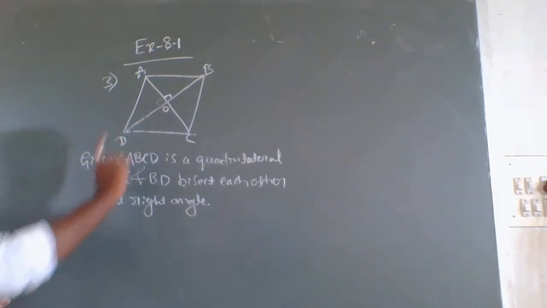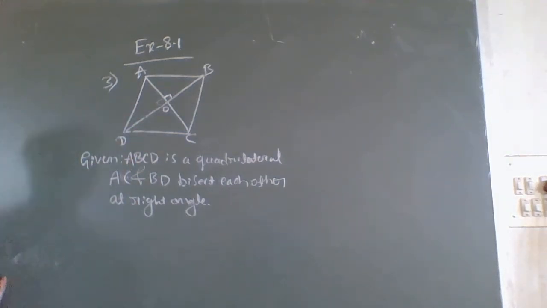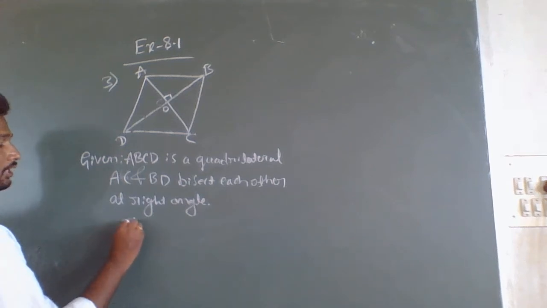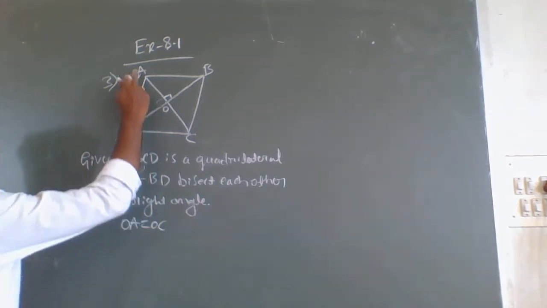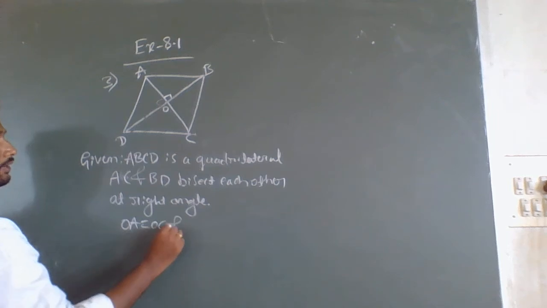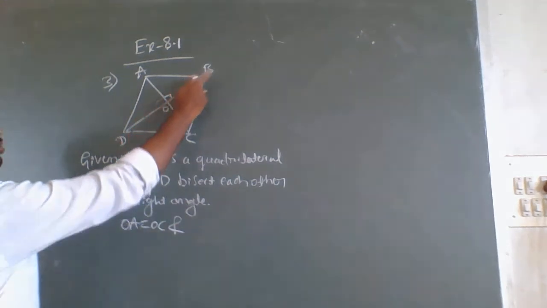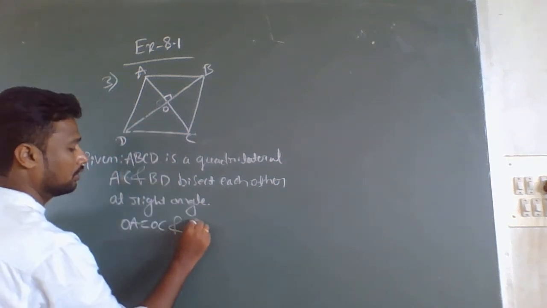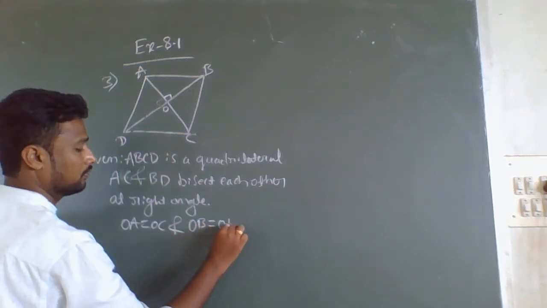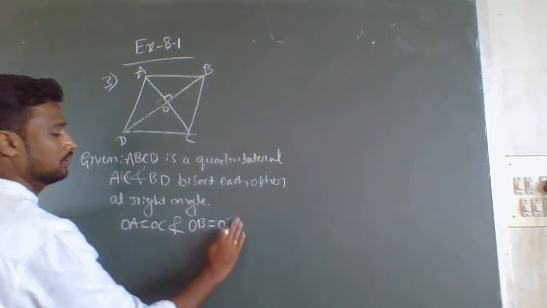So we can write OA is equal to OC, and OB is equal to OD.